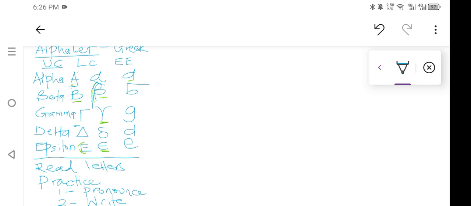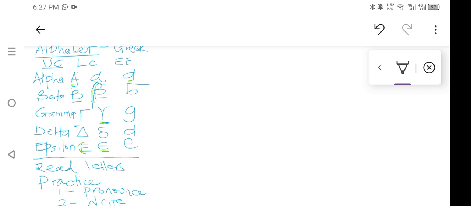That is gamma, which is equivalent to G. The lowercase is very similar to the English letter Y, but when you find something like this, it is not a Y, it is a gamma, equivalent to the English G.